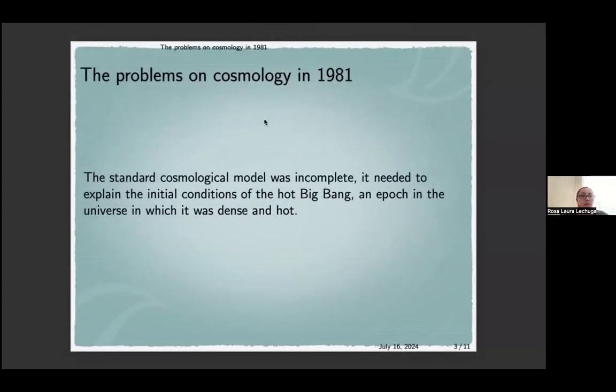Now, what were the problems in cosmology in 1981 or before this year? The standard cosmological model had many issues or many problems. It needed to explain the conditions, or the initial conditions, for the hot Big Bang.